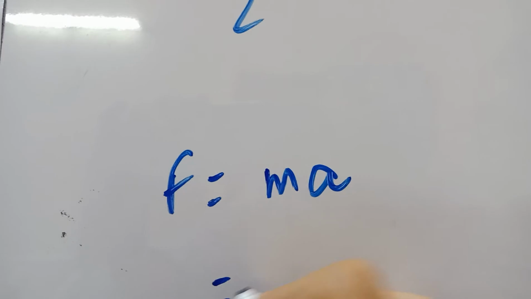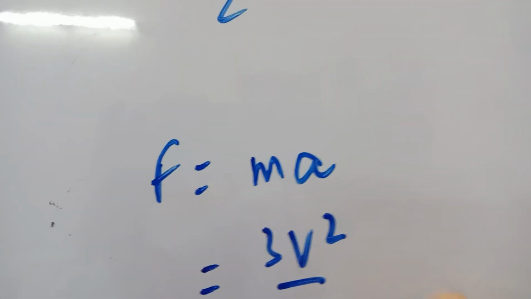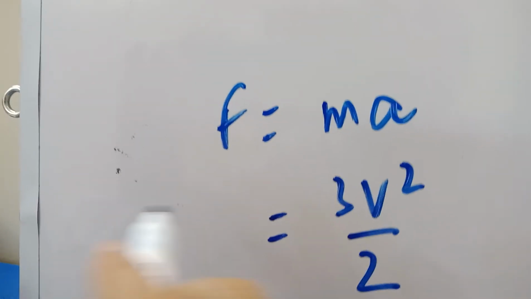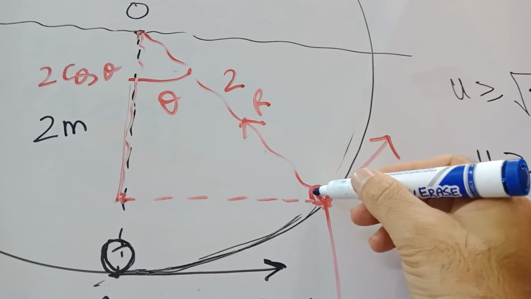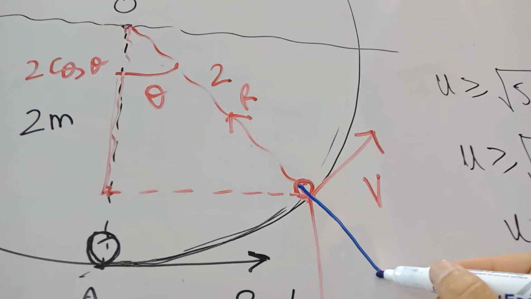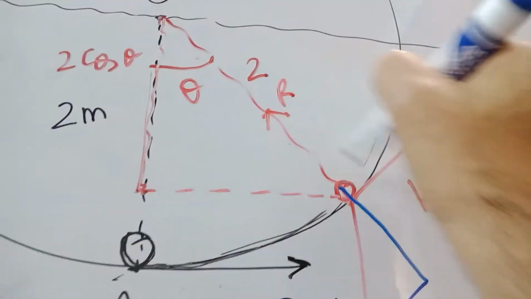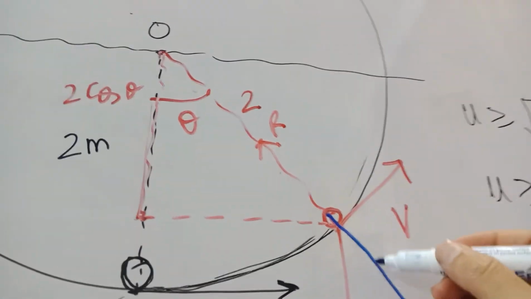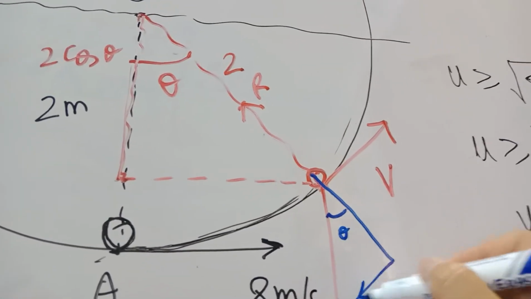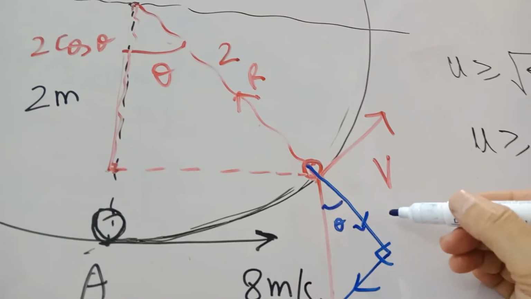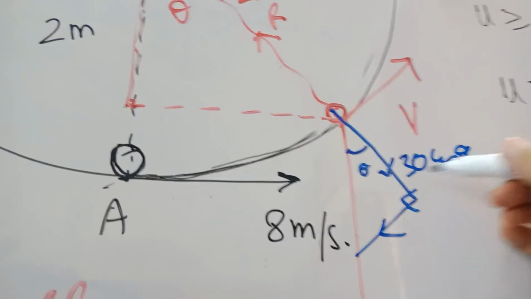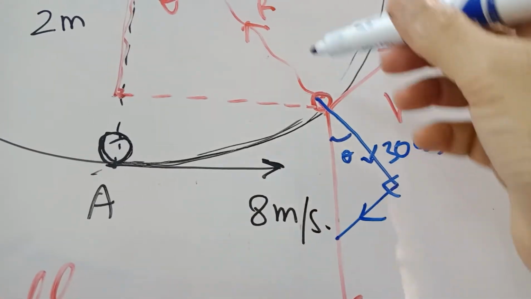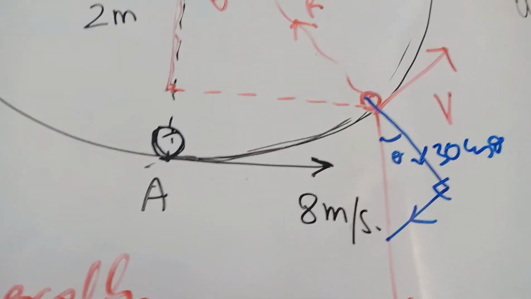Now let's see what would be the left hand side. When I resolve this weight in a direction so that I can determine the net force towards the center, this is the theta over here, and this is going to be 30 cos theta. That is the component of the weight in the direction towards the center.